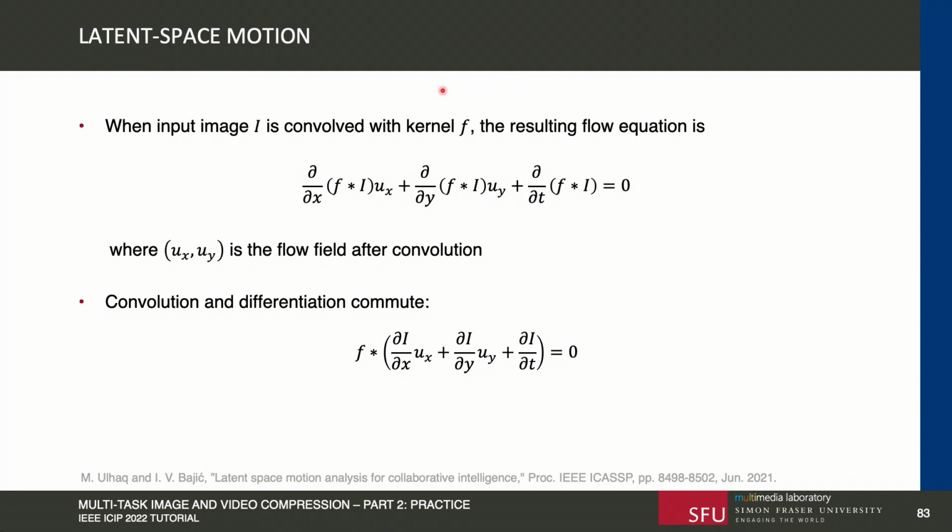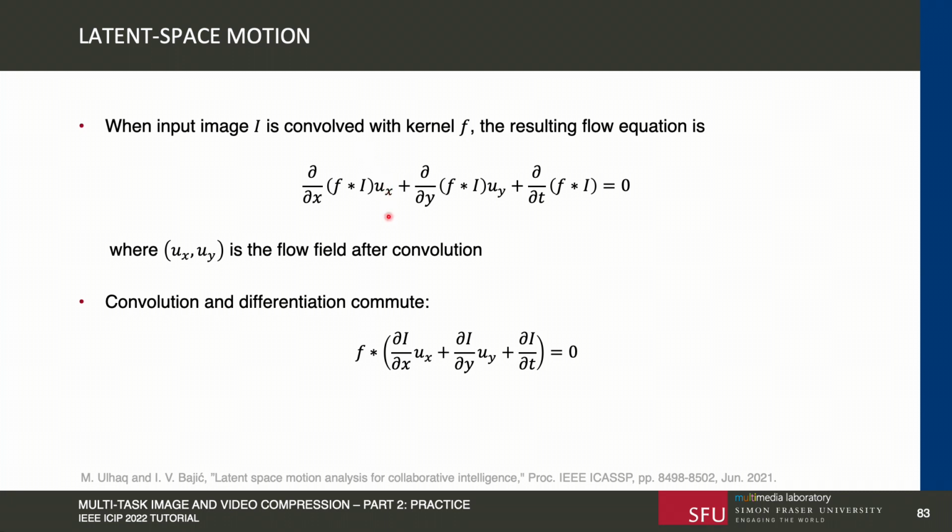And let's imagine passing an input image I through a convolution kernel F to obtain F convolved with I. We can ask a question, what is the optical flow of that result of the convolution of the input image with the kernel?